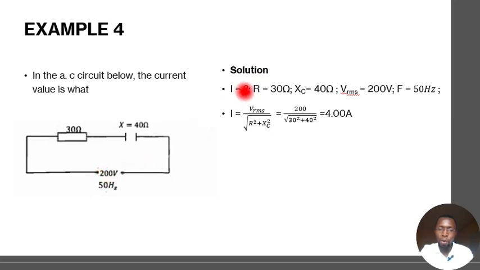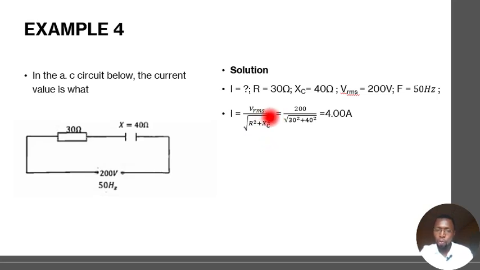So I is unknown. R is 30 ohms and capacitive reactance is 40 ohms, as we said before. Then we are told that the source of the power supply has 200 volts as its root mean square voltage and a frequency of 50 Hz. To get the current flowing in the circuit, current is equal to root mean square voltage over the square root of the sum of the square of resistance and the square of capacitive reactance.